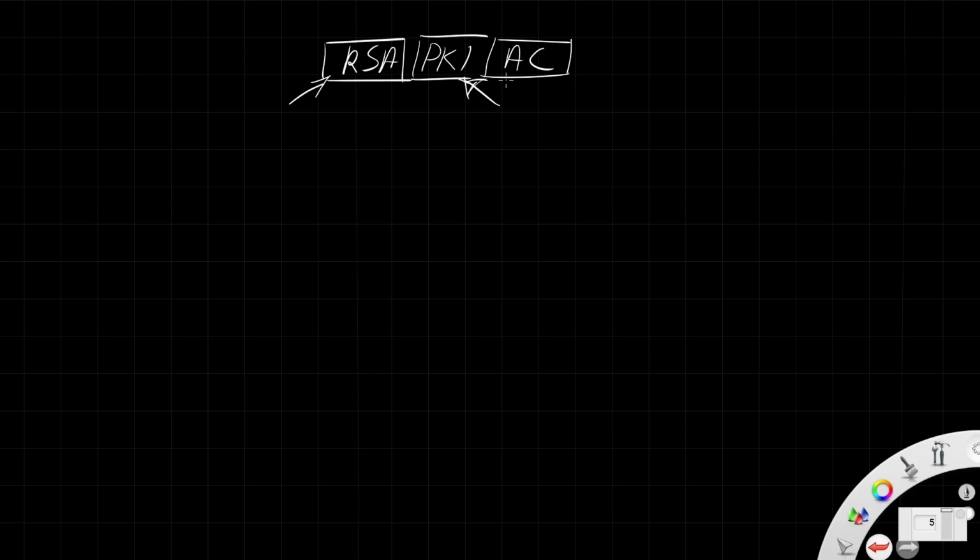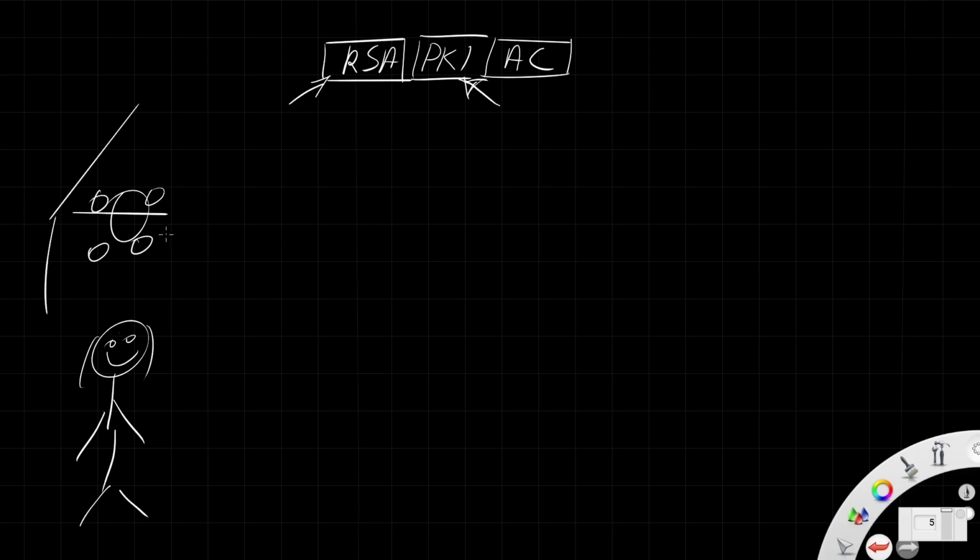To start with, I'll give you a puzzle. You have a secret object right here, and here we have Alice. Alice has a secret object with her, and she wants to transfer that secret object in a secured box. So she's going to put it in this box, and she needs to lock this box.